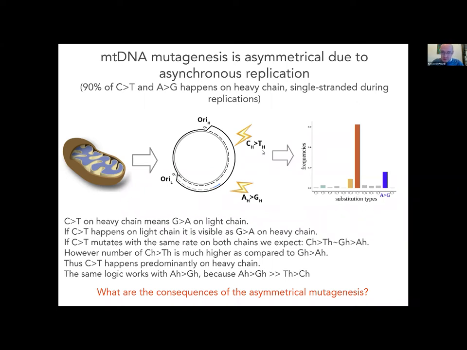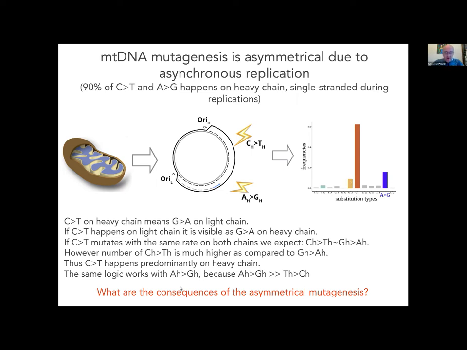For example, C to T, which happens on the heavy chain, would be equivalent to G to A on the opposite strand, which is called the light strand in mitochondria. But C to T on the heavy chain is 10 times higher as compared to G to A on the heavy chain. So the mutation spectrum is very asymmetrical, and thus it will shift nucleotide content, codon usage, and maybe even amino acid usage. That's what we want to prove.